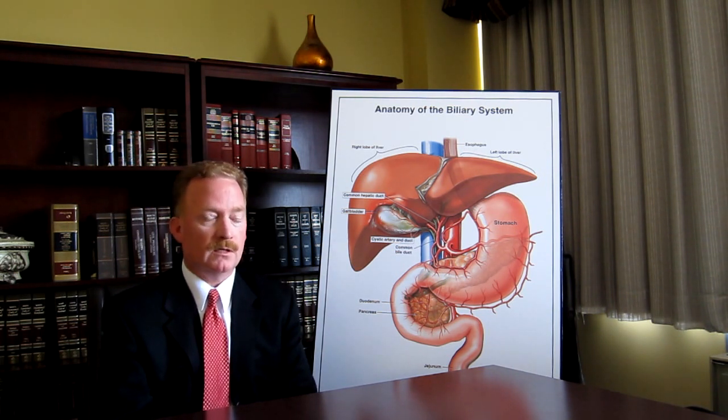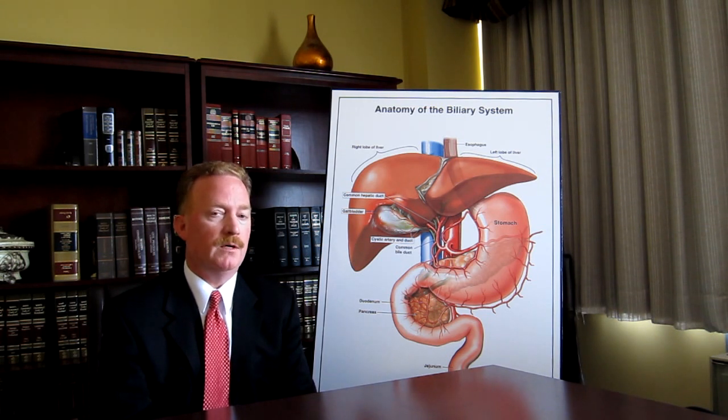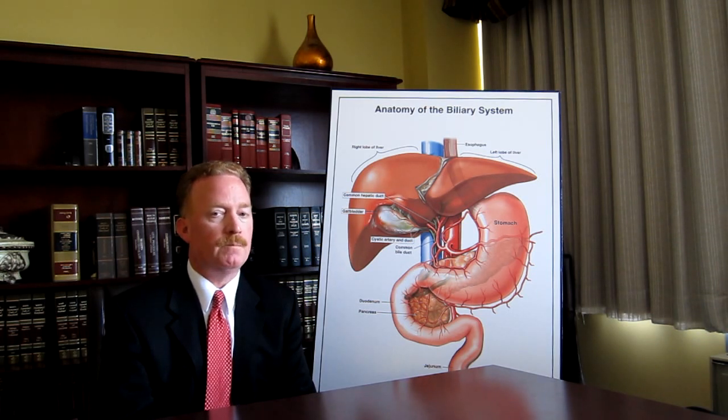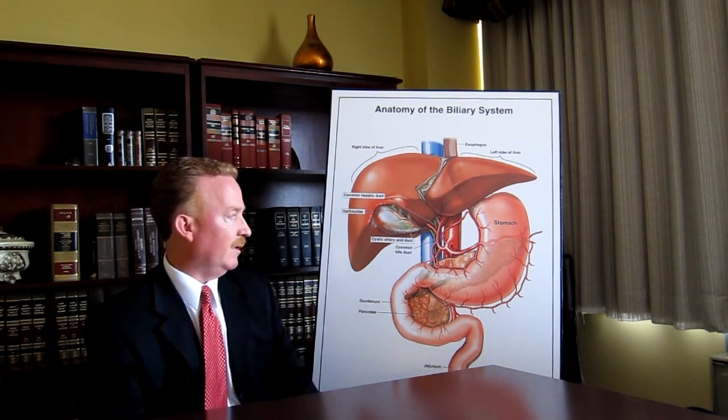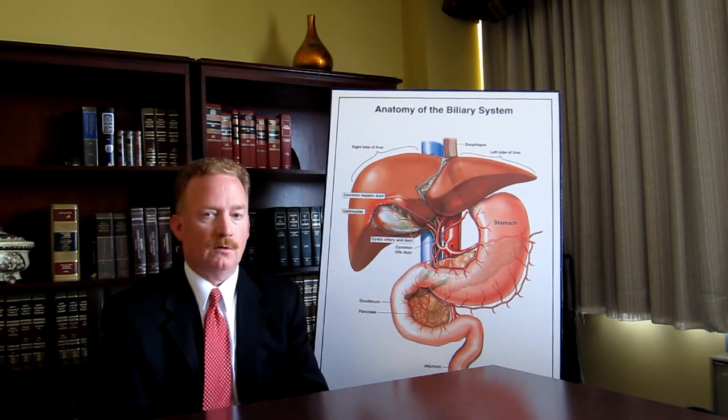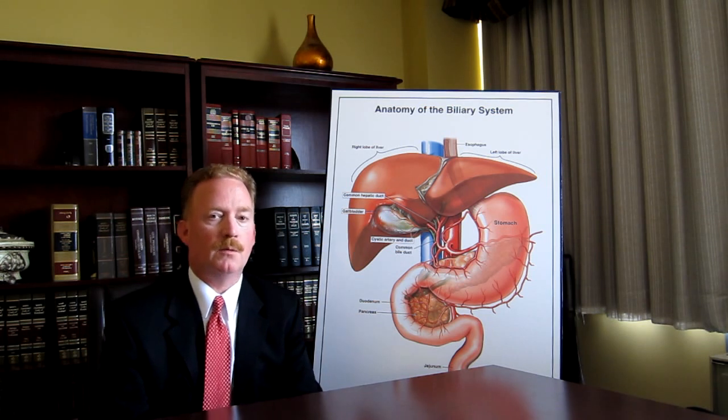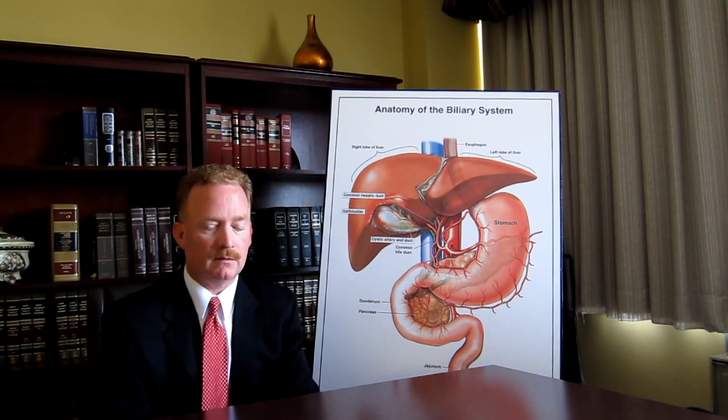Also, if at the conclusion of your gallbladder operation you have drainage tubes placed in your body to drain the bile, this should send up a red flag, and you should also seek legal advice. Now, not all injuries to the biliary system that occur during a gallbladder operation are the product of medical malpractice.